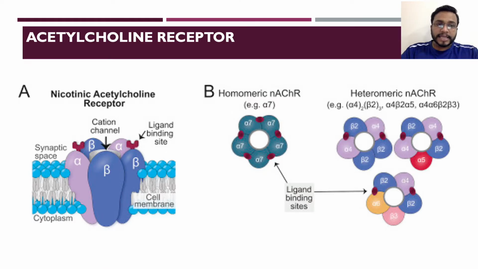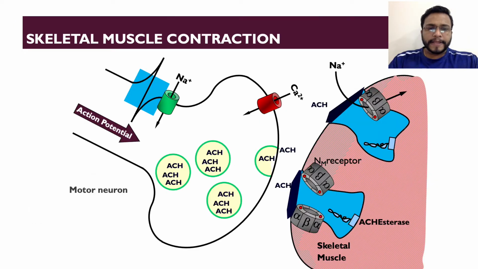These receptors are mostly the nicotinic acetylcholine receptors, which have different units, mostly 4 to 5 units. They have 2 alpha units, 2 beta units, and a cation channel in between. Once these receptors are stimulated, they open up and the transmitter goes inside. This is the basic depiction.